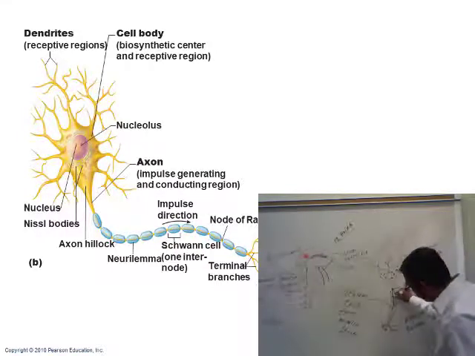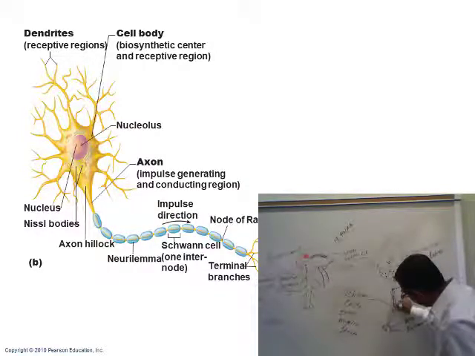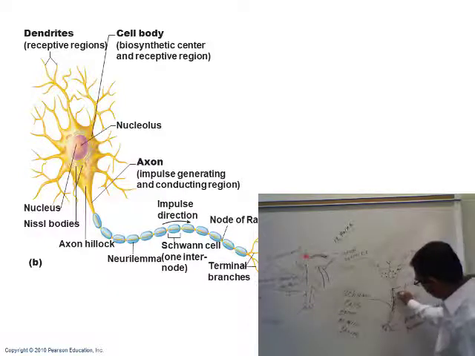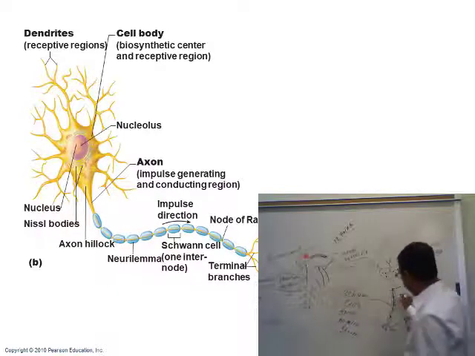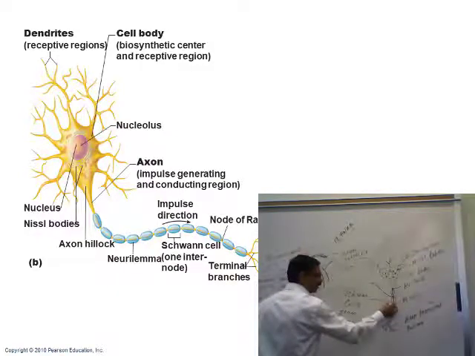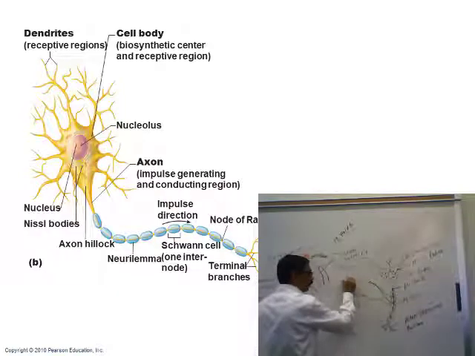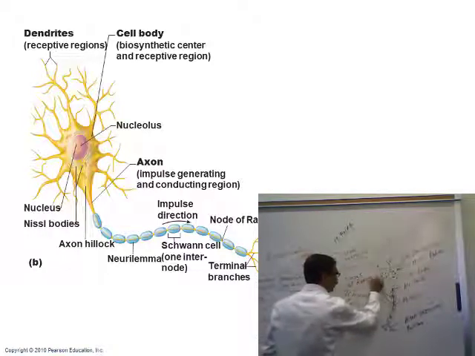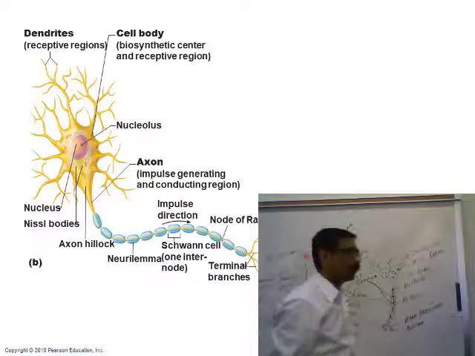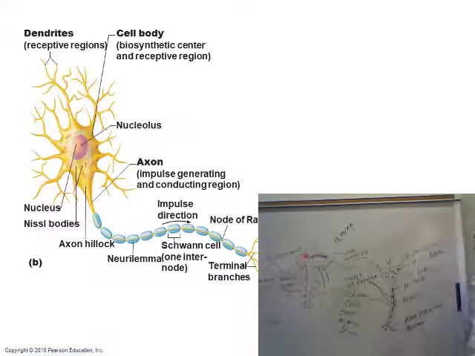Now, you see that in between the Schwann cells, you have spots that are not covered by the myelin sheath. So these open, uncovered spots are called nodes of Ranvier.